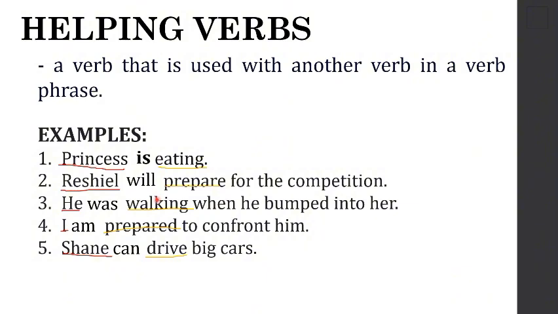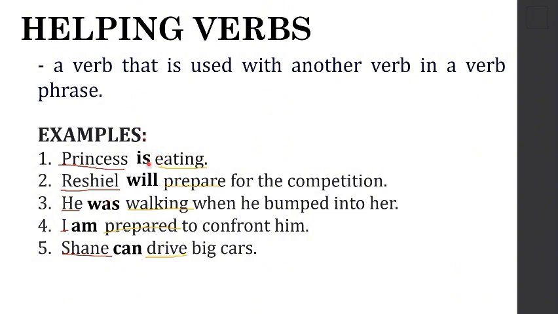The same is true with most of the examples. As I've said, it is the word that comes before the main verb. So if prepare is the main verb in the second one, then will is the helping verb, and the same is true with the third, fourth, and fifth examples, which include was, am, and can as their helping verbs.